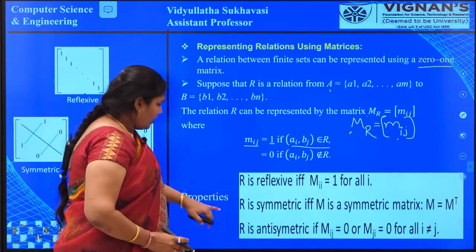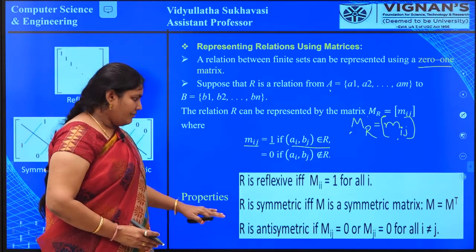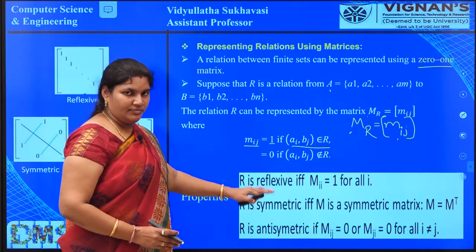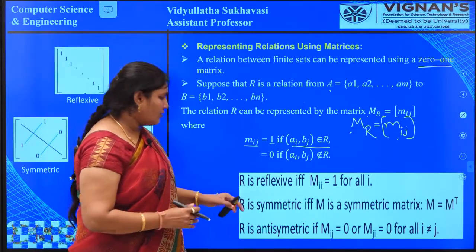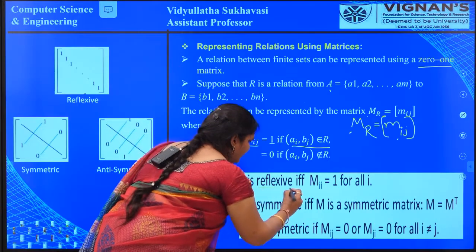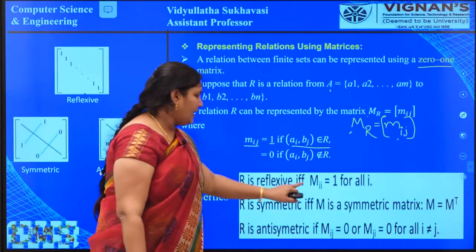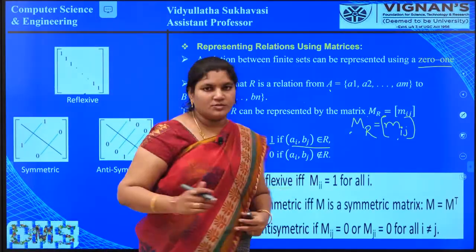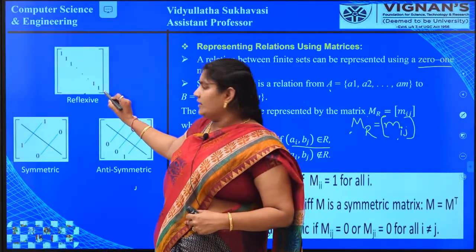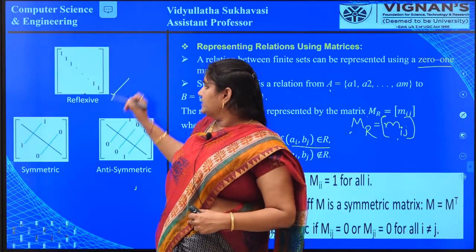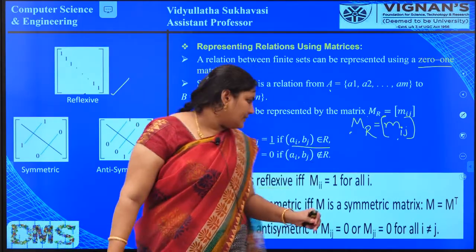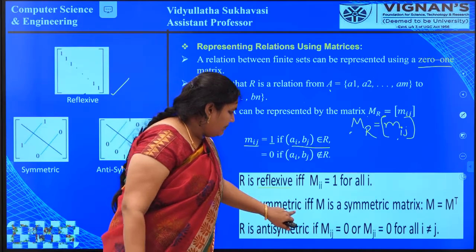Now, what are the properties we are going to apply for that matrix representation? The first property is reflexive. How do we check reflexive? If Mii is equal to 1, so all the diagonal elements will be 1. This is reflexive. Next, R is symmetric.